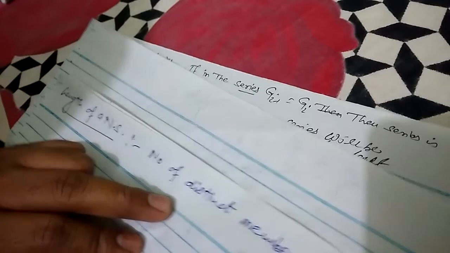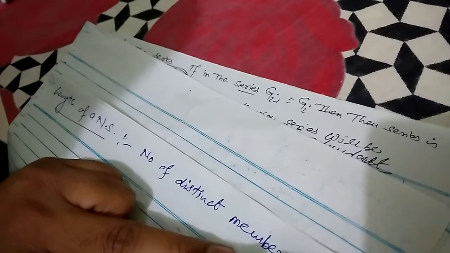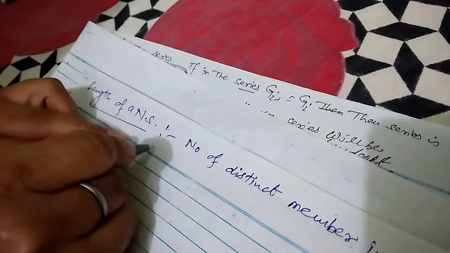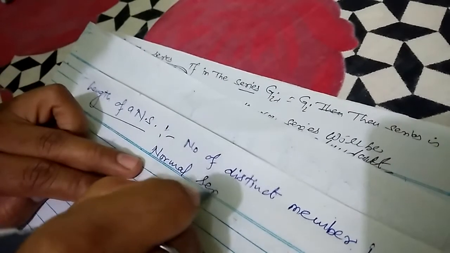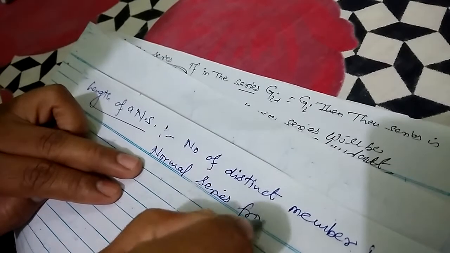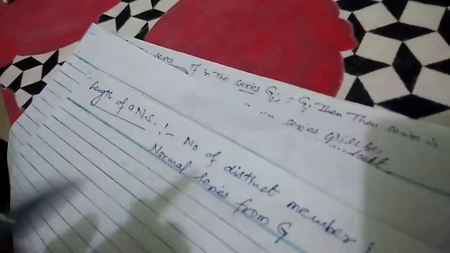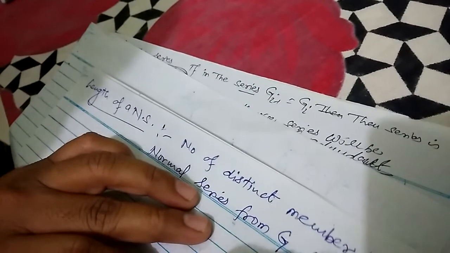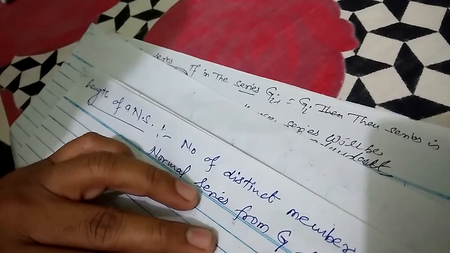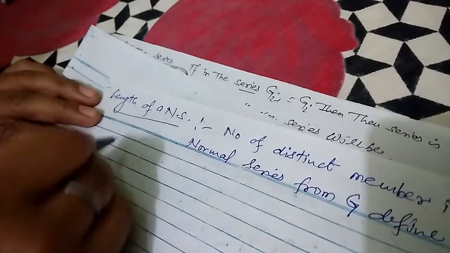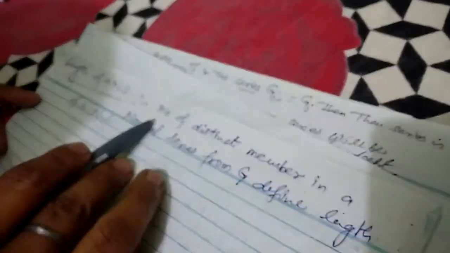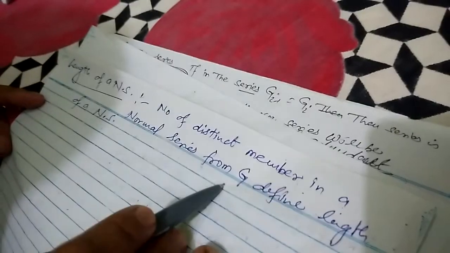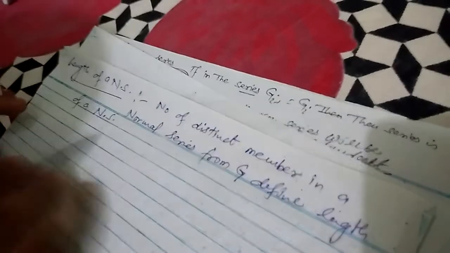The number of distinct members in a normal series from G defines the length of a normal series.